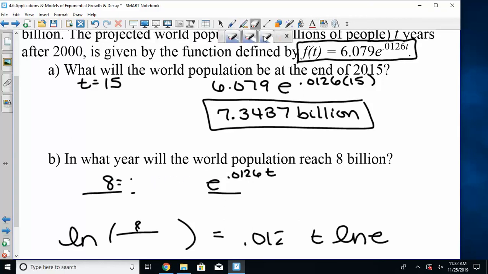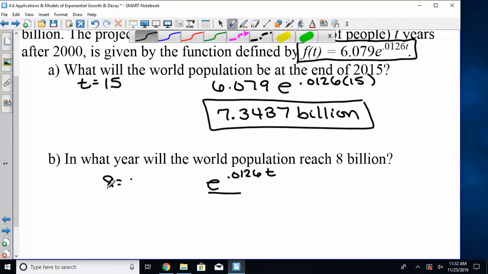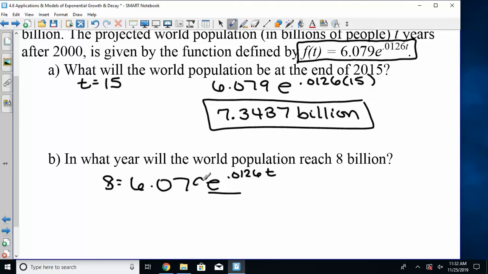So, you're setting the population equation, which was 6.079 e to that power, equal to 8. So then we're going to divide. And add your logs.